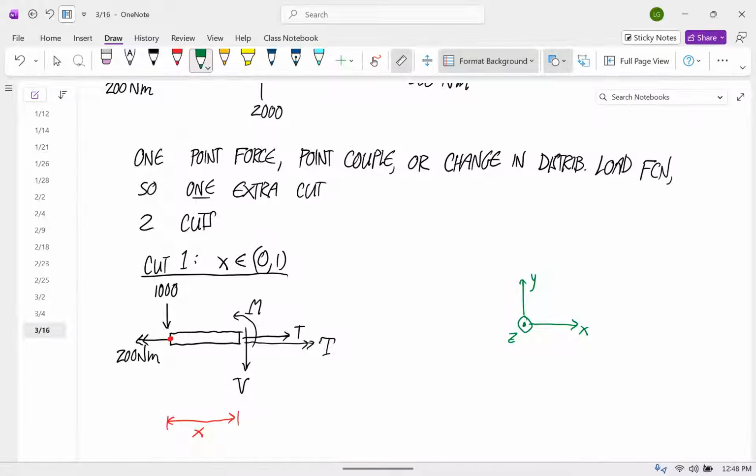And so yeah, we skip that one. Any other questions? Okay, so the last thing we have to deal with is distributed loads.